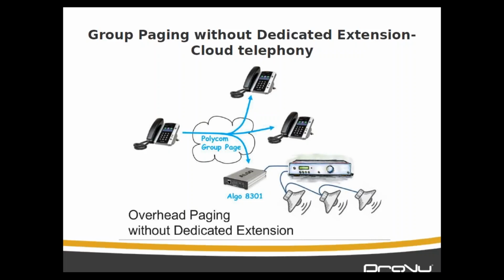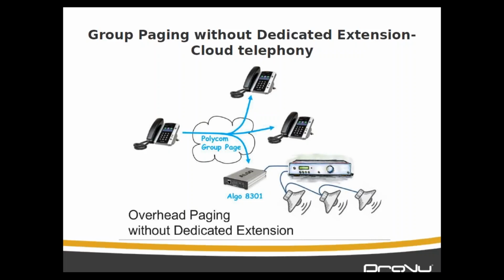So again, you've reduced the need for an extra dedicated extension or cloud system telephone extension. It just becomes part of the group by configuration, and it works pretty much out of the box with minimal configuration.